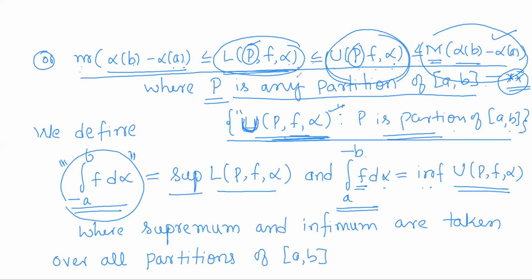Using this inequality, we observe that the supremum of all lower Riemann-Stieltjes sums exists, and also the infimum of all upper Riemann-Stieltjes sums exists. So we define the supremum of all lower sums as the lower Riemann-Stieltjes integral, and the infimum of all upper sums as the upper Riemann-Stieltjes integral.